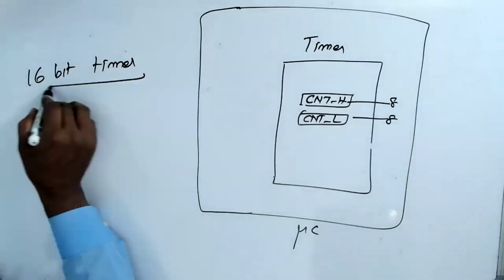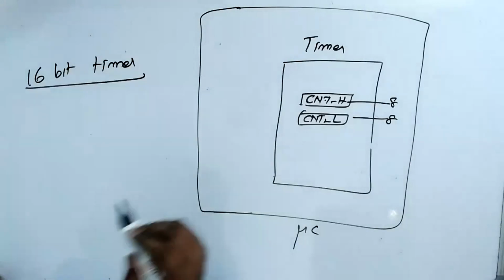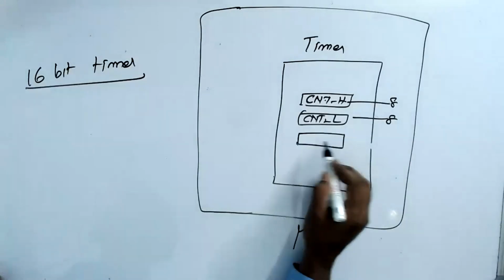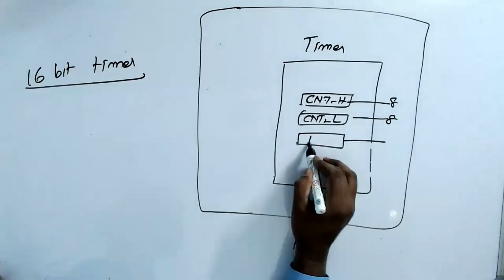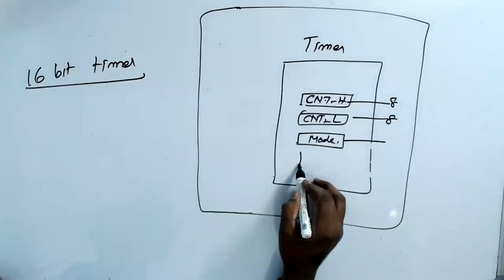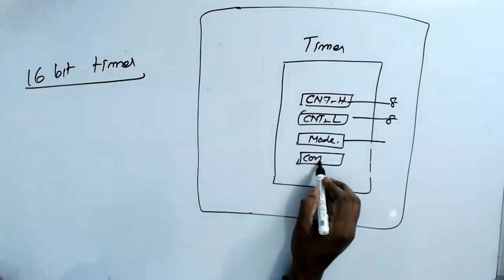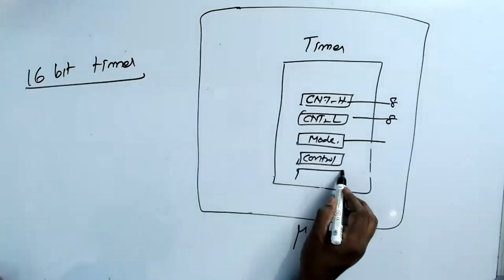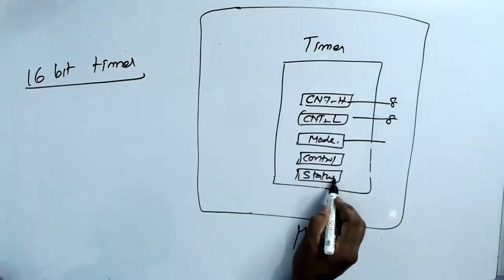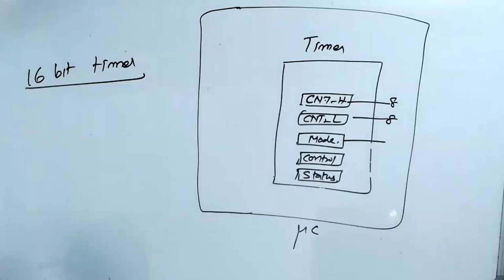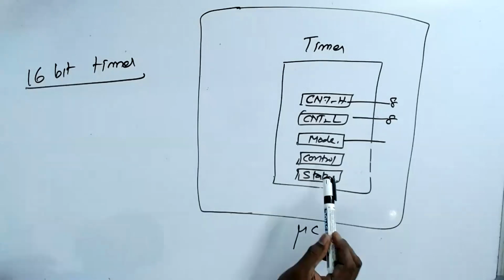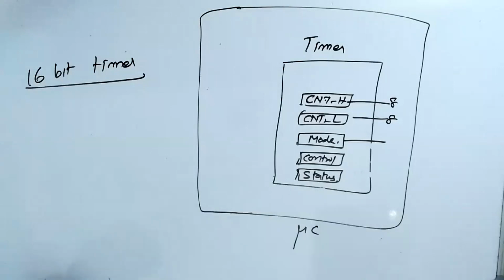Then I have mode, control, and status. These are the 5 registers I have inside the timer, all 8 bits.